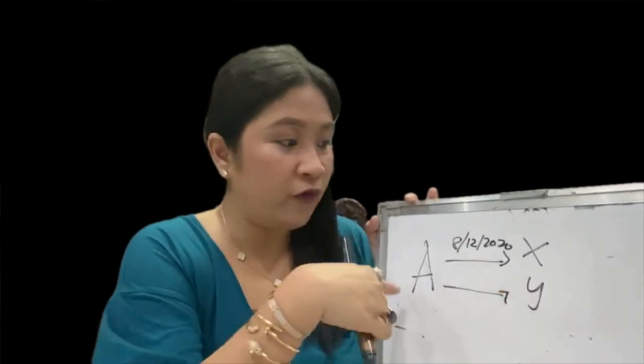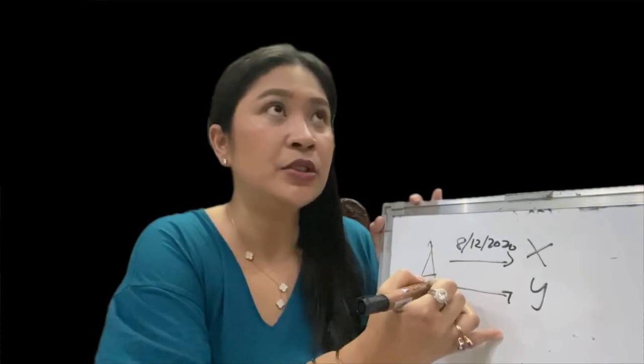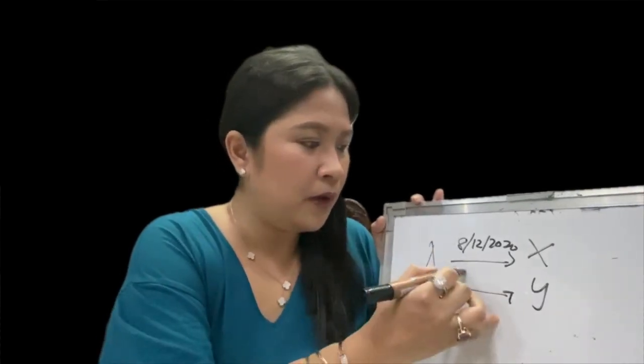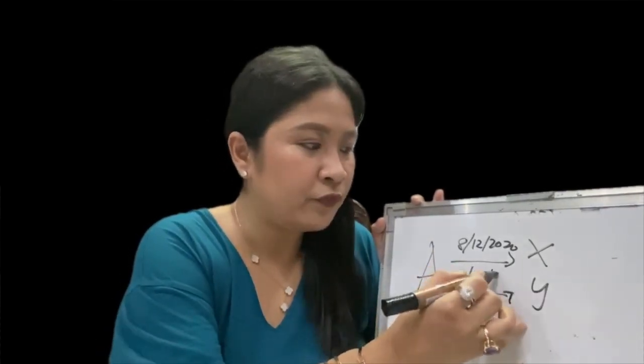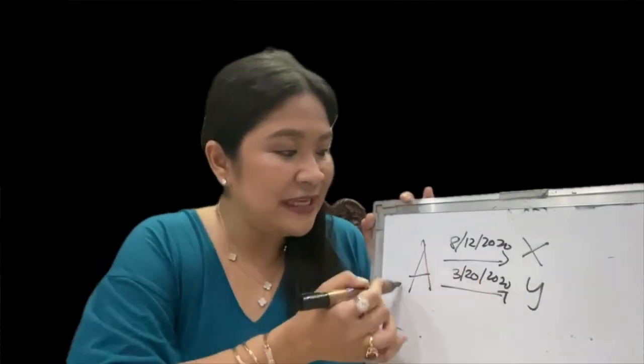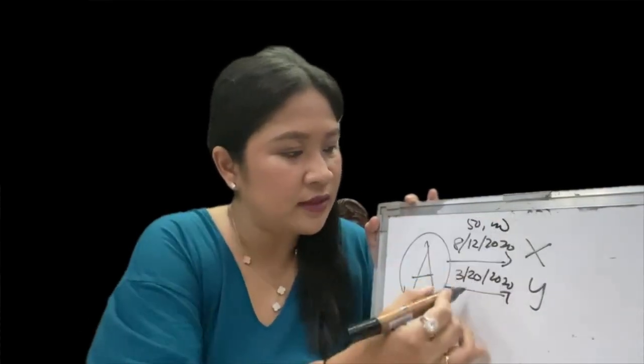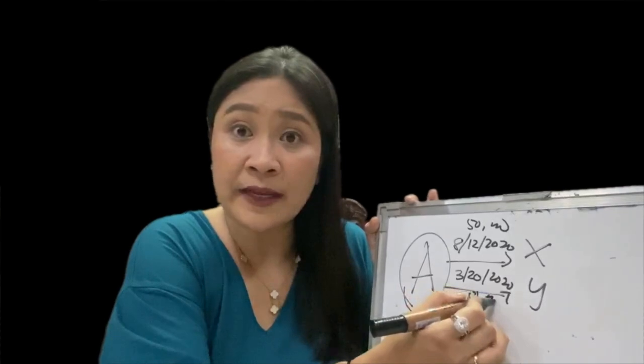The debt of A to Y is due on, what's the date today? Let's just say March 20, 2020. Okay. Now, supposing A is insolvent, let's just say this is only for 50,000 and this also is for 50,000.